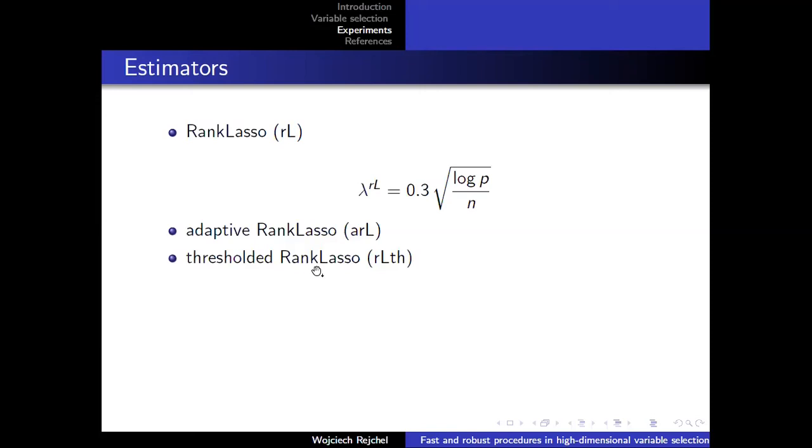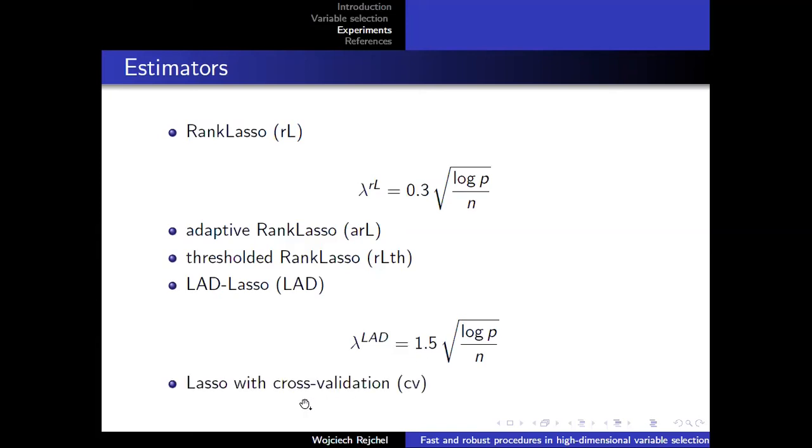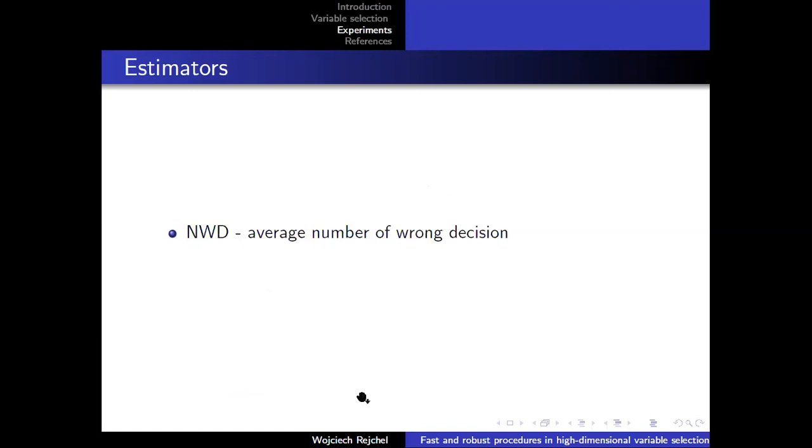We have also thresholded rank Lasso, so we just cut our estimator at some level. We have also the competitor, which is the Lasso with the penalty with a constant 1.5. And finally, we use the standard Lasso for linear regression with the tuning parameter chosen on the basis of cross-validation.